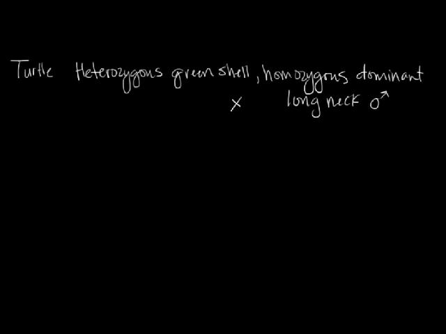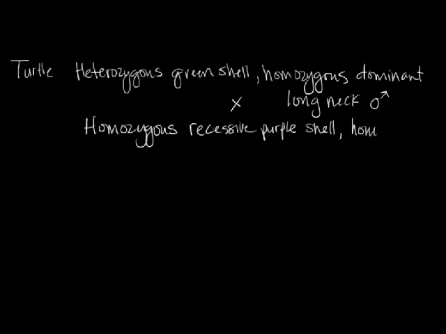Then we're going to cross them, mate them, with another turtle, a female turtle that is homozygous recessive purple shell, and she is also homozygous short neck, and this is going to be the female.